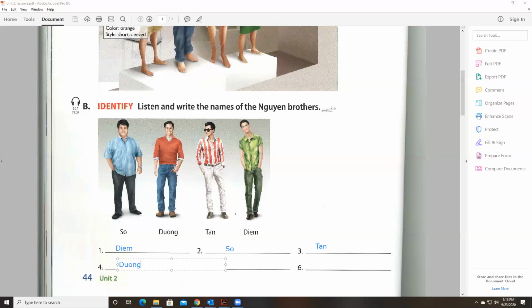Long sleeve red sweater and his work boots. Let's get number 5, DM. The youngest brother wears small shirts and often wears green pants. I think he thinks the color looks good on him. Okay, the green pants, right? So that is a DM.